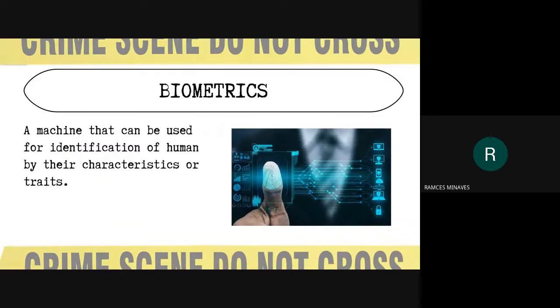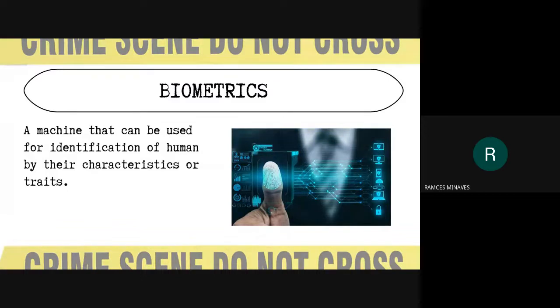Biometrics, a machine that can be used for identification of humans by their characteristics or traits. Biometrics is a measurement and statistical analysis of people's unique physical and behavioral characteristics. The technology is mainly used for identification and access control, for identifying individuals.